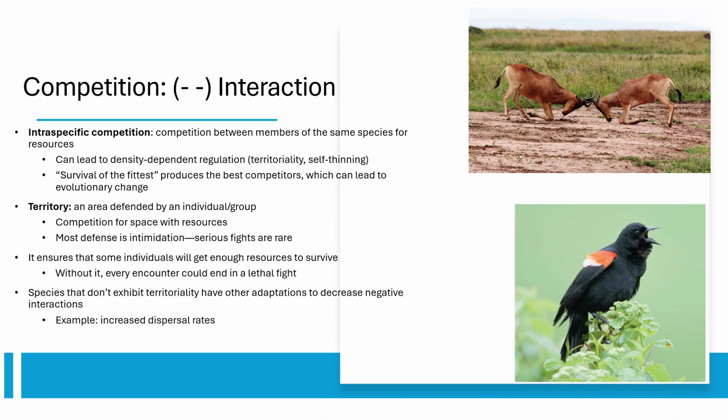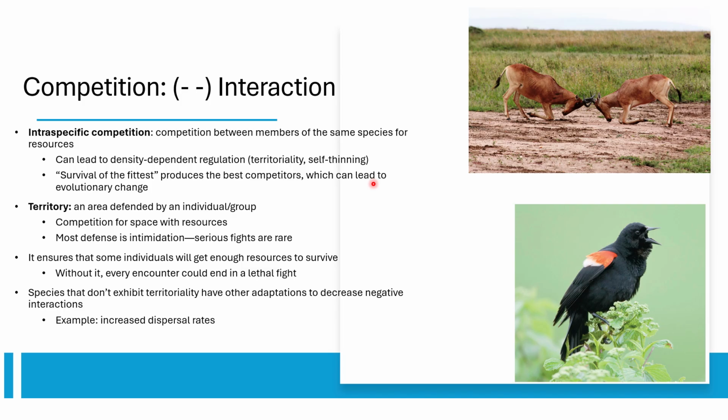So when two organisms of the same species compete, let's say for a mate, this can lead to evolutionary change. Only the fittest will survive. So over time, if you have individuals that have better adaptations, better traits to survive, they are going to pass on their traits.